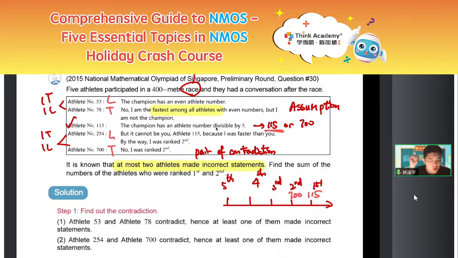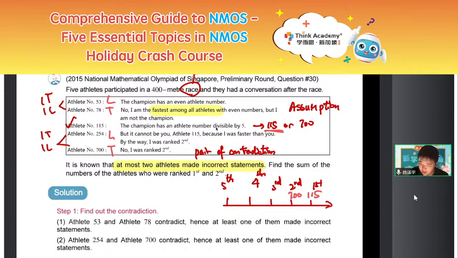Do we have a contradiction here? 78 says 78 was the fastest among all athletes with even numbers. But look at our line. Who is the fastest athlete among all the even numbers? 700. Number 700 is the fastest among the even numbers, right? So that's where we found a contradiction.